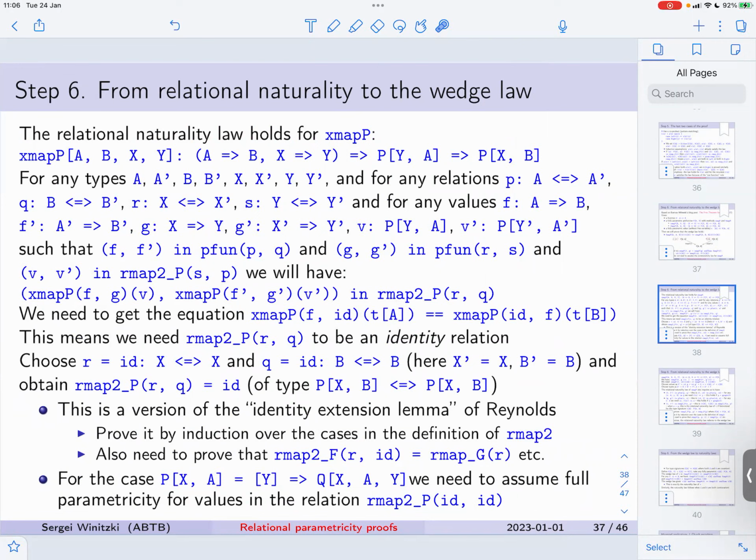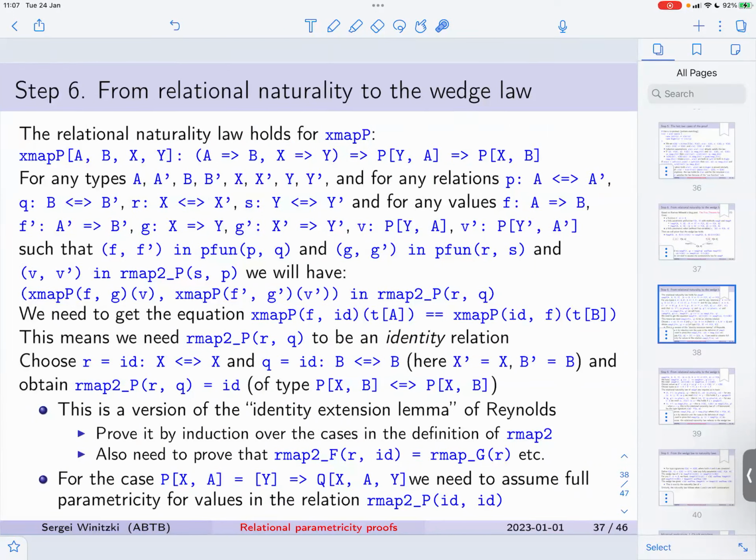It's a quite complicated law because this function has 4 type parameters. And that means we need 8 different types, 4 different relations between these types. And then we need values. So we need also a lot of values here.